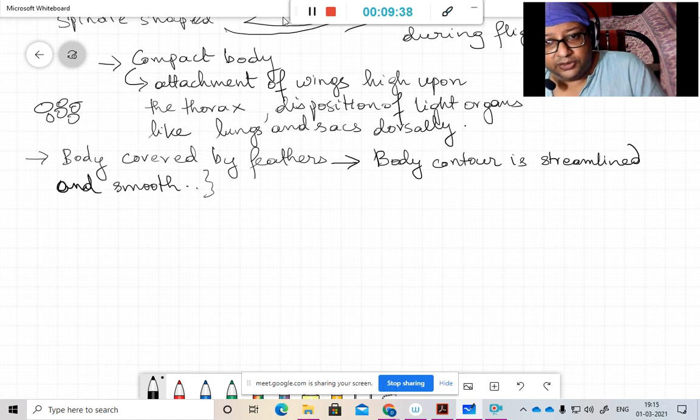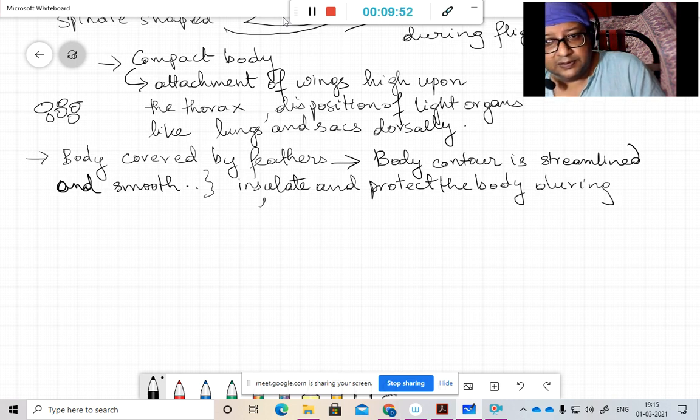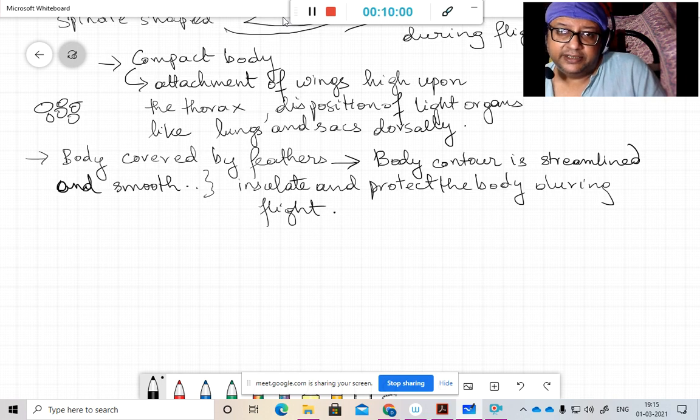The feathers also insulate and protect the body during flight. So when the bird is flying, these feathers reduce friction.